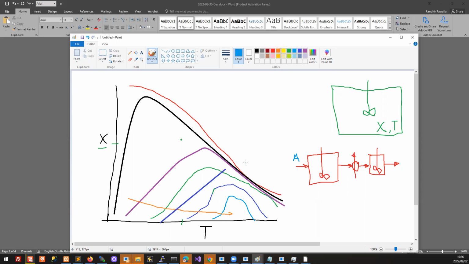So now we've hit the point where we can't seem to get a higher conversion. And we don't want a low conversion, because if you think about what that will do, if you have a low conversion, then that means we are going to have a high concentration of A coming out here. Well, there are different issues, right?